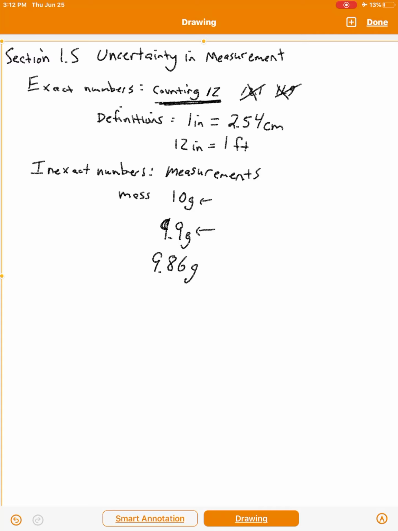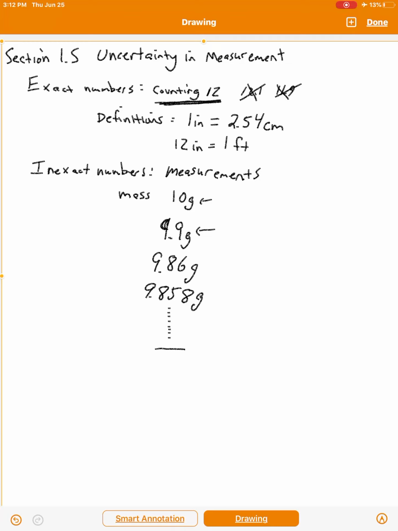And then we get an even better balance, and you find it's not actually 9.86, it's 9.858. Well, this leads you to an interesting aspect of the sciences, which is that if we have to measure something, we cannot know exactly what the value is. We can know it to amazing precision.